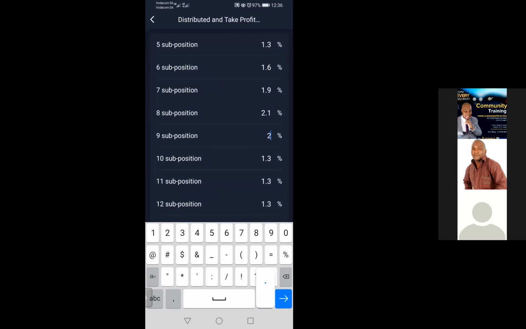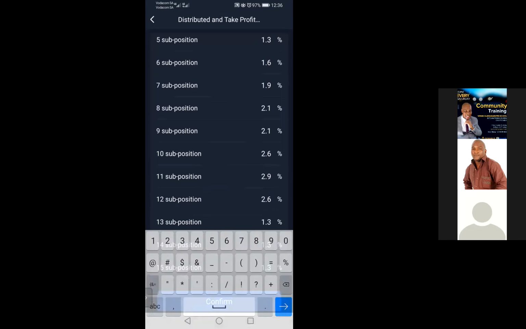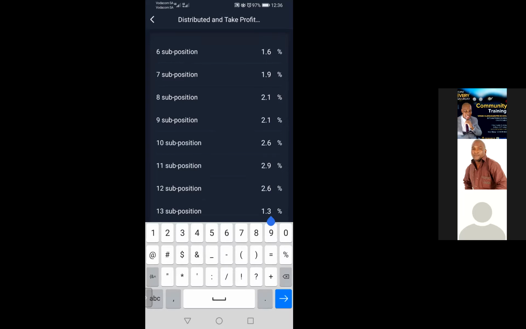And then number 10 is 2.6, 11 is 2.9, 12 is 2.6 again. And the remainder is 11 through and through.